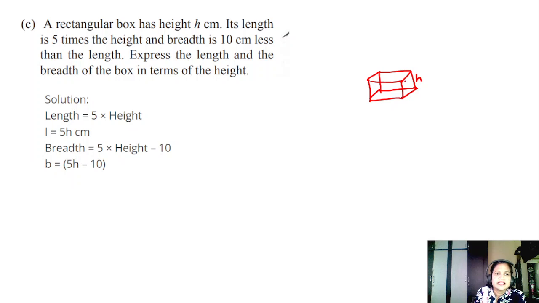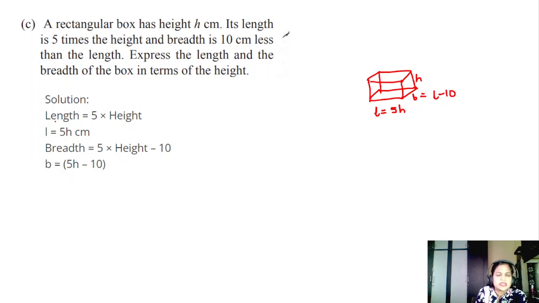Its length L is equal to 5 times height, 5h. Breadth B is equal to 10 centimeter less than the length, L minus 10.